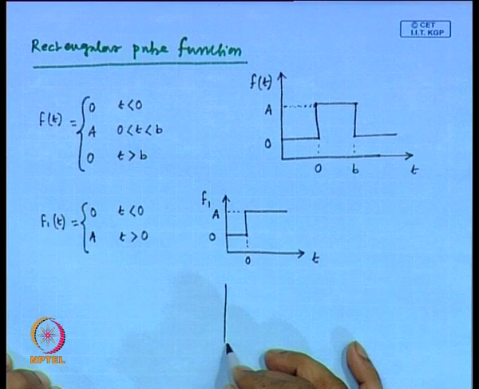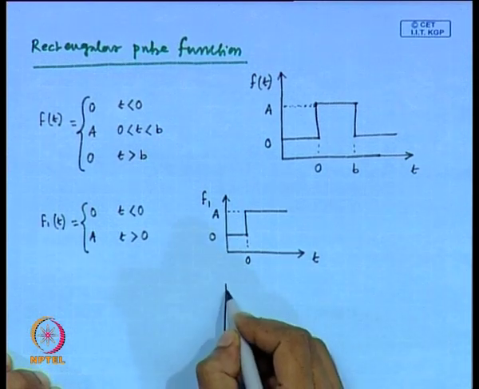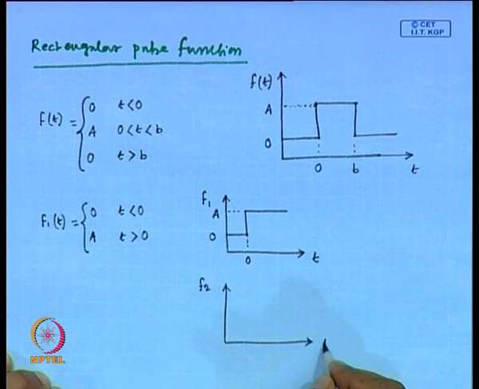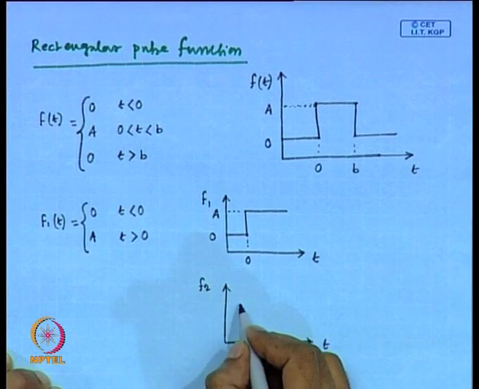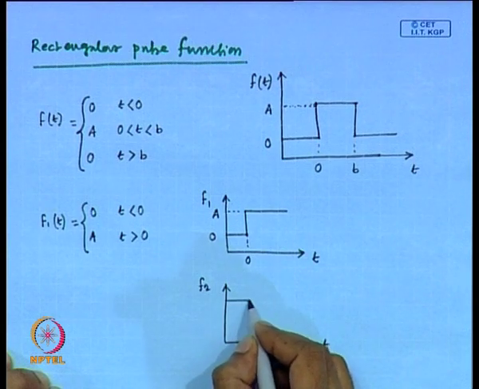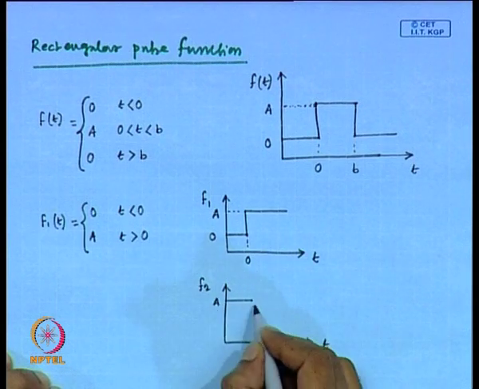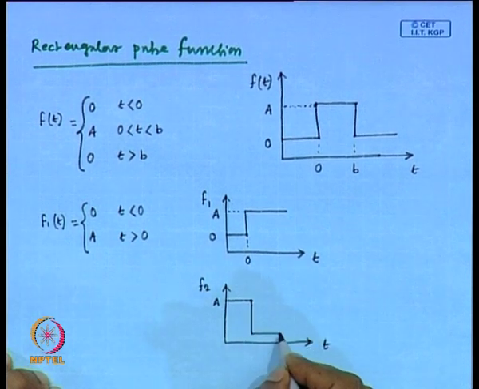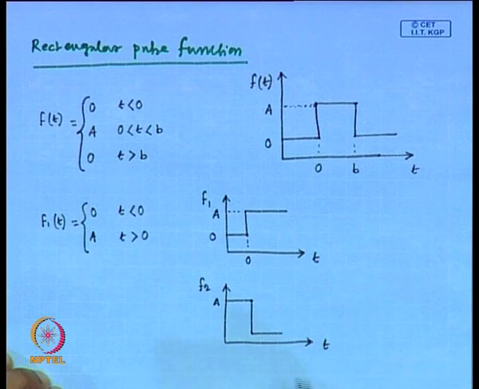Another function is f 2 and this is suppose time t. Initially it is at the value of a, then it is coming back to this value and this time is b.